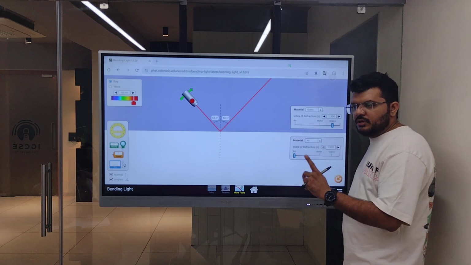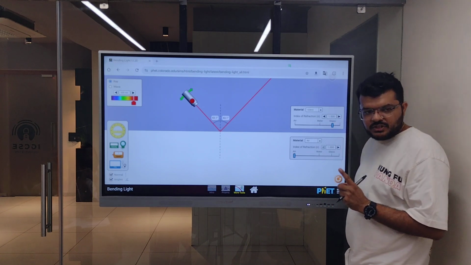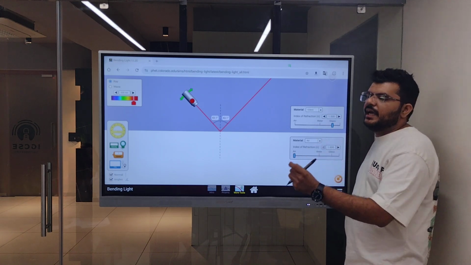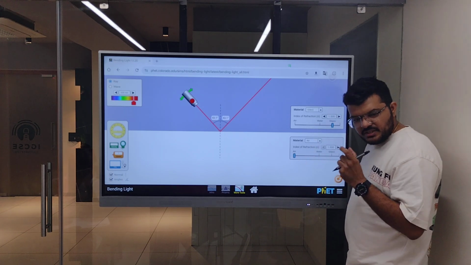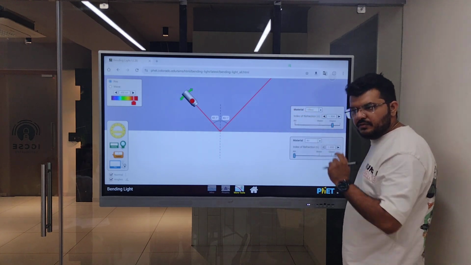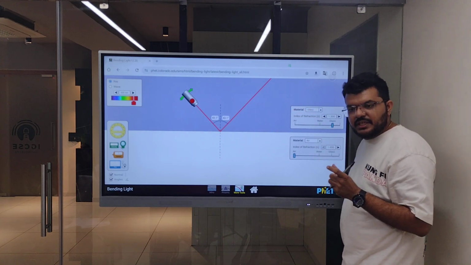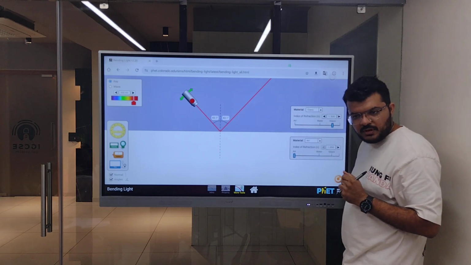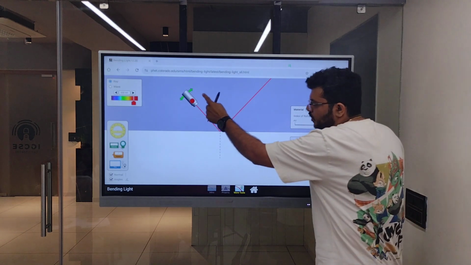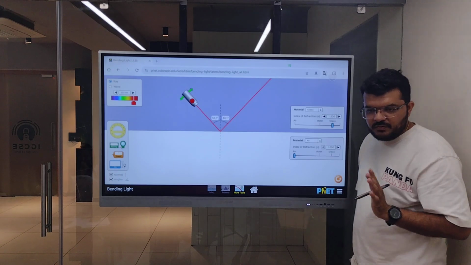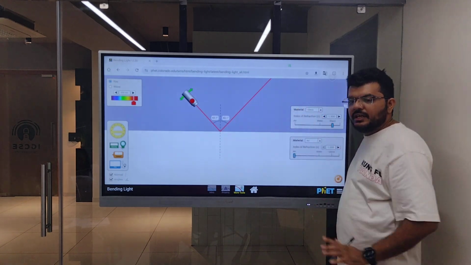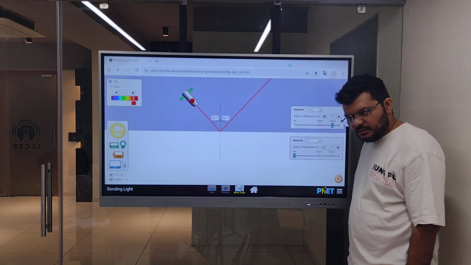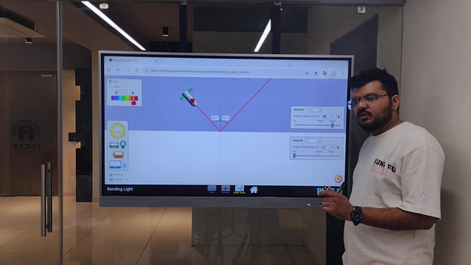What is happening is total internal reflection, also written as TIR. Why is it reflection? Obviously because it is getting reflected. Why is it known as internal? Because it is going back into the denser medium. Why is it known as total? Because none of the light is refracting, all the light is getting reflected. Make sense?